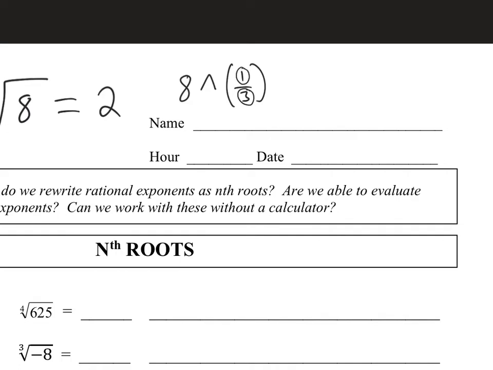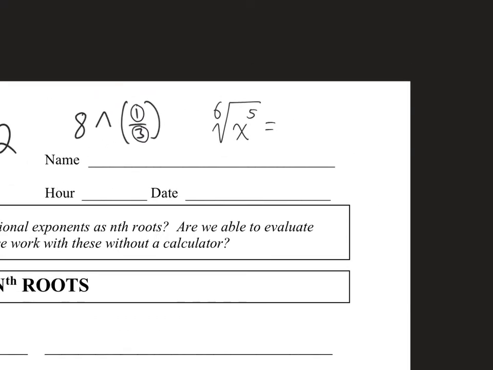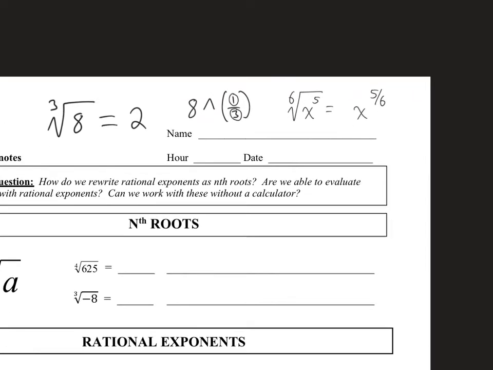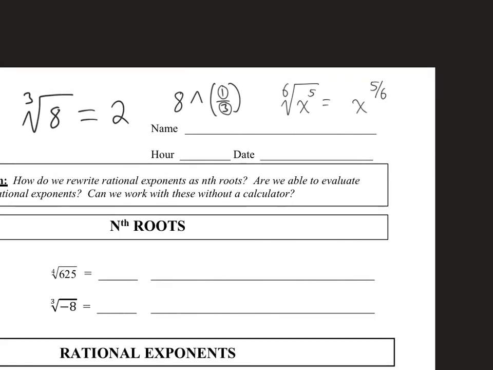So for example, if we had the 6th root of x to the 5th, that'd be the same thing as x to the 5/6. Okay? So the exponent under the radical is going to be the numerator of the fraction of the rational exponent, and the denominator is going to be the index, it's called, which we'll talk about in a second here, okay?